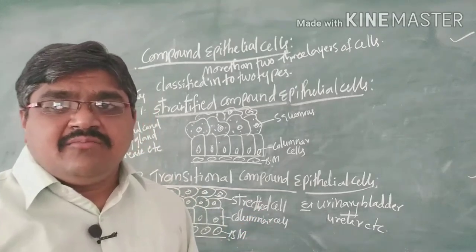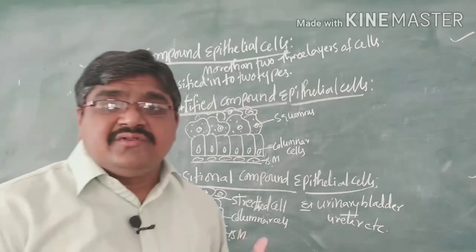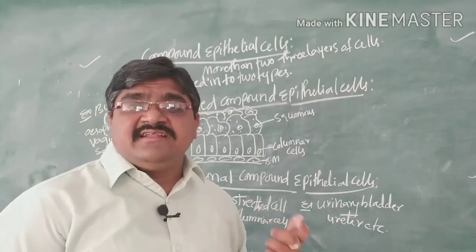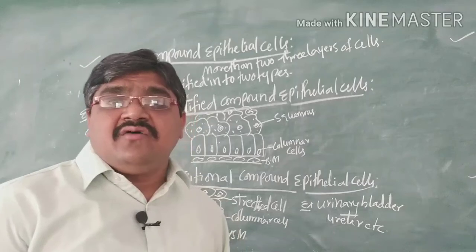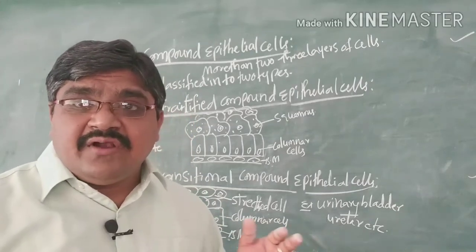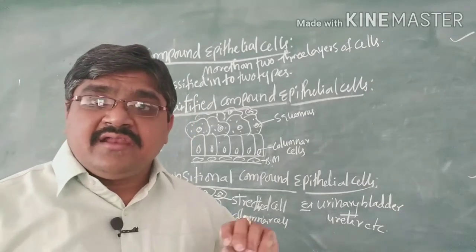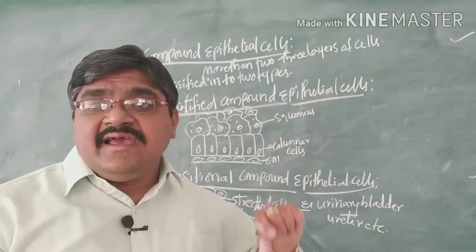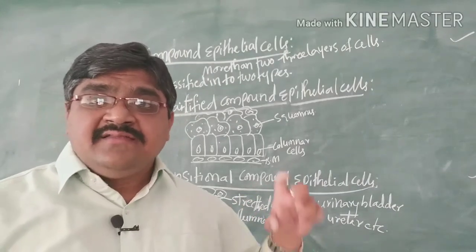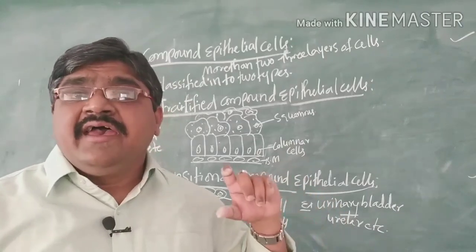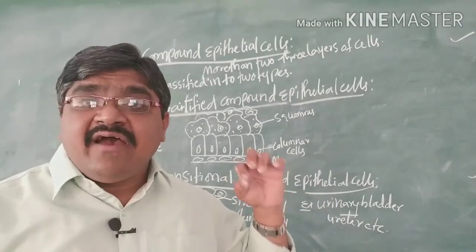So this is about the epithelial tissue. Epithelial cells are called a covering tissue or a lining tissue, where they cover the entire body of an organism, or line and cover the cavities internally or externally. So we call them lining or covering tissues. These are avascular.